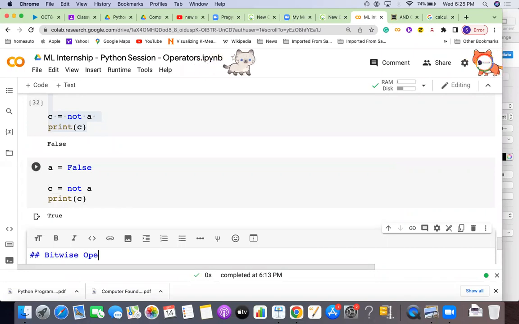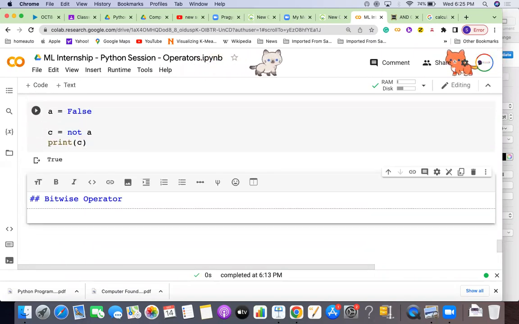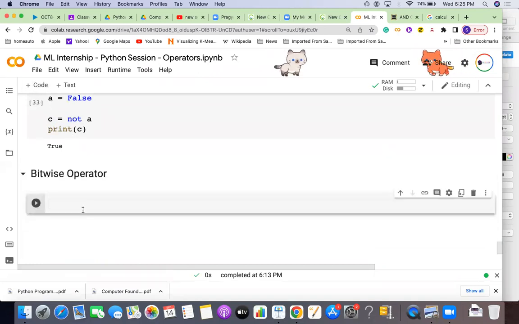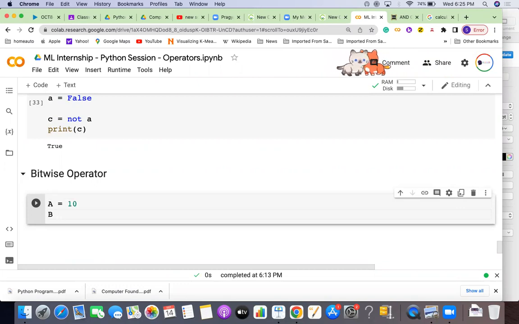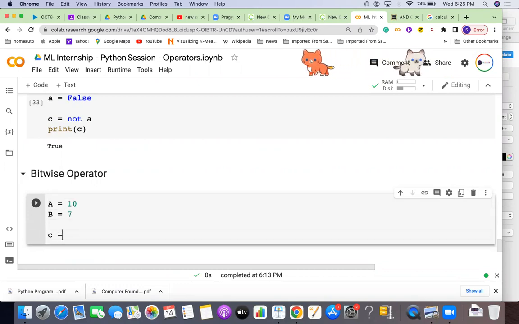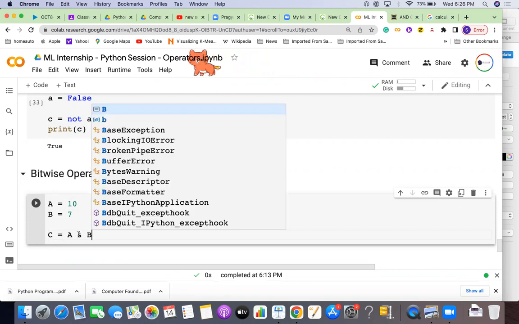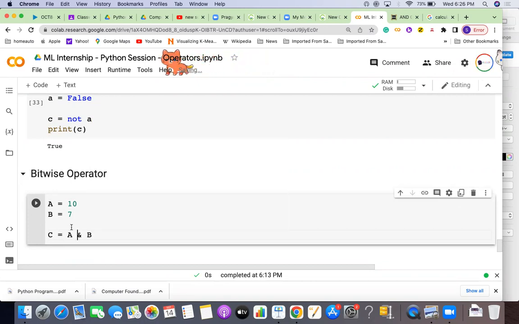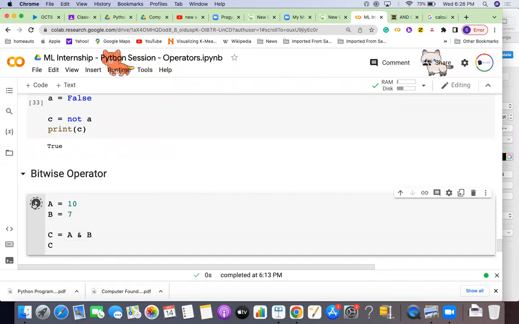So now, bitwise operator. a is equal to 10, b is equal to 7, c is equal to a and b. What is the operator? This is single and. So now I am trying to print the result of c.